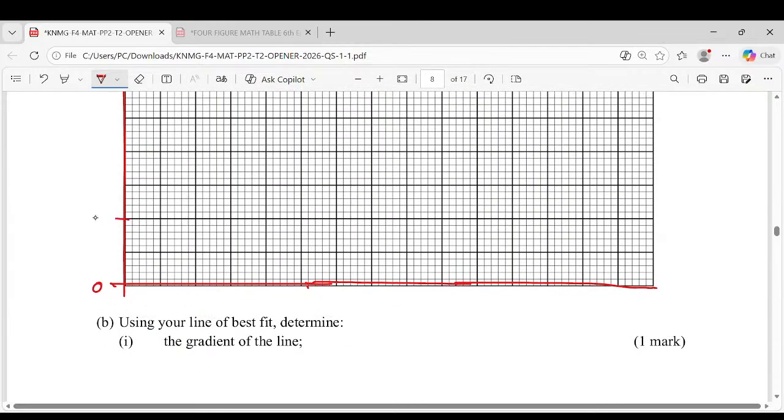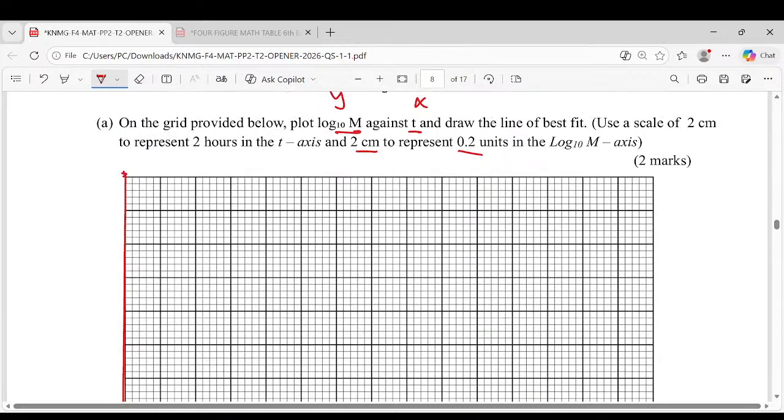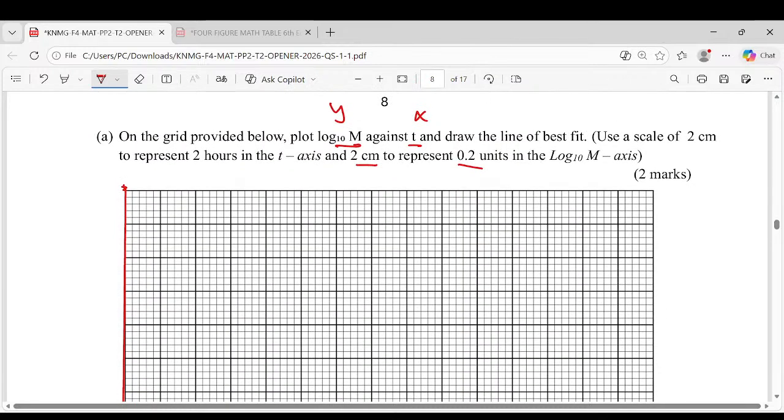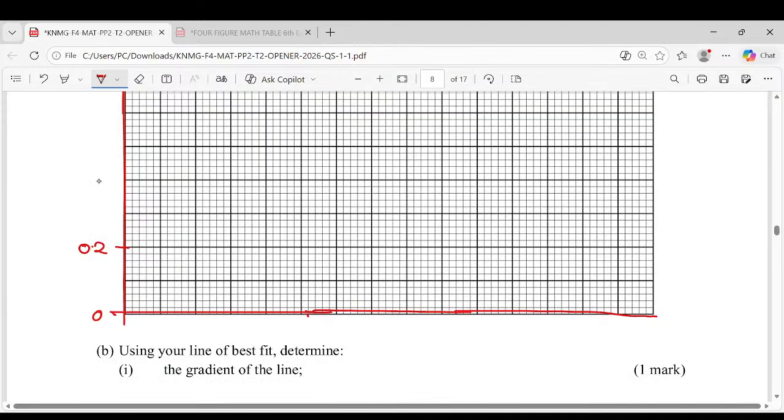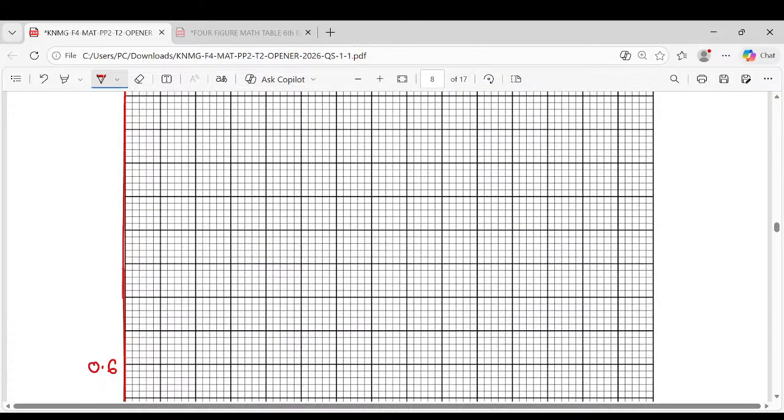0.2. Let me see. 0.2 units. Can have this as 0.6, 0.8.